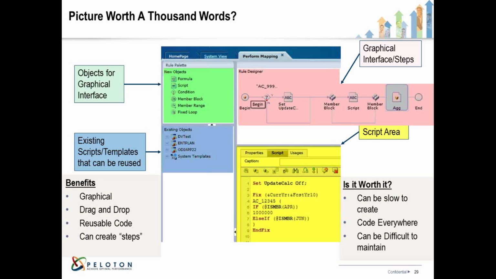And just on the con side, is it worth it? I mean, it can be a little bit slower to create rules like this instead of just putting it all in one script. And you have code all over the place, so if you don't know exactly which step it was that broke, you might have to go between multiple steps to find where the error is.